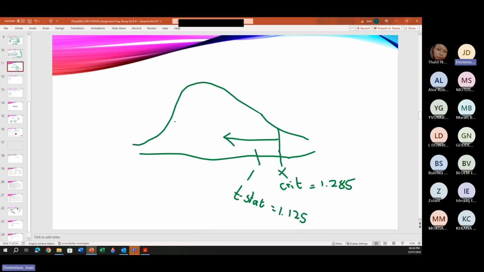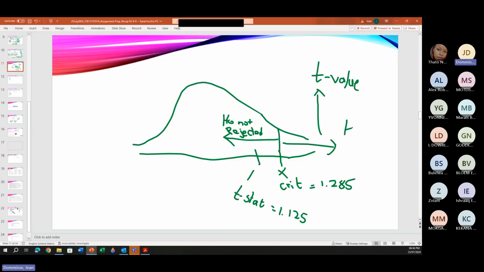If it falls to this side, it will be rejected. And if a t value was sitting somewhere here, we would have rejected the null hypothesis.